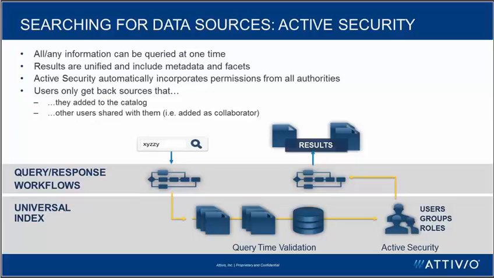The active security model applies a filter as that query is being processed by validating that user against Active Directory or LDAP, whichever it's integrated with, ensuring that only the results that user has access to see are returned at the end of the query. So users only get back sources that either 1, they added to the catalog themselves, or 2, another user has shared with them, i.e. added them as a collaborator.